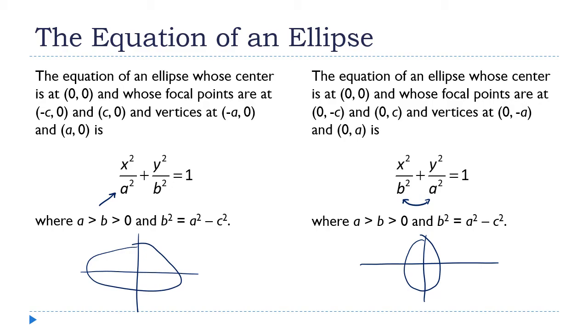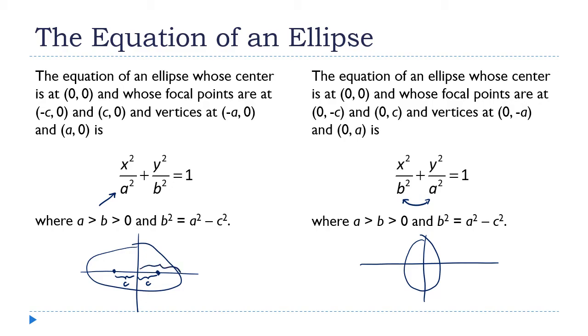We're making the same assumption we made with the parabola, that the center is at the origin. Then we have these points: the focal points are inside the ellipse, and this distance is c.